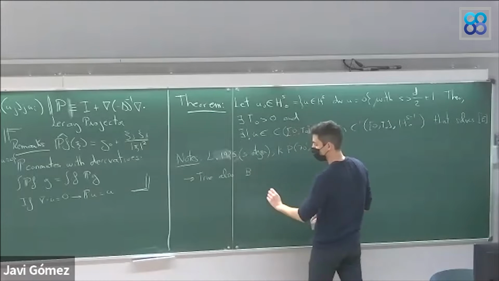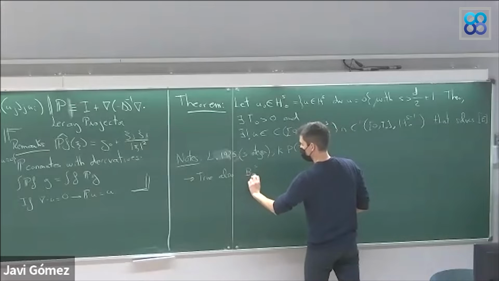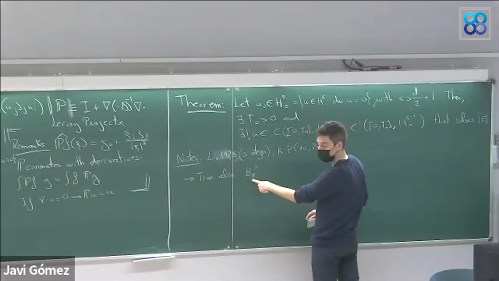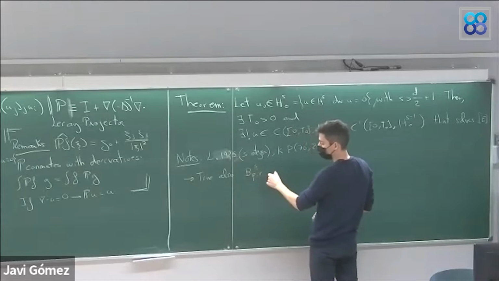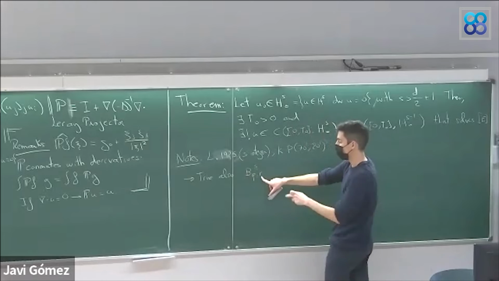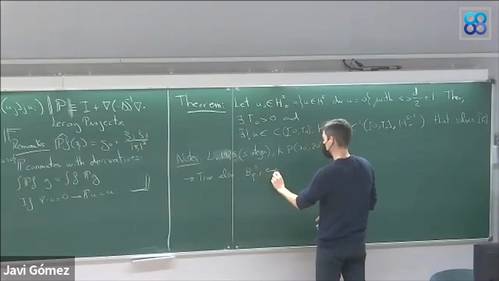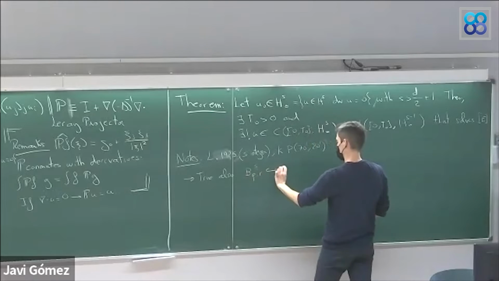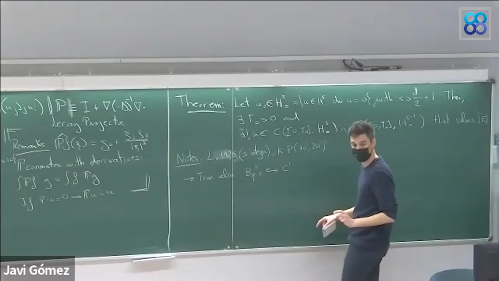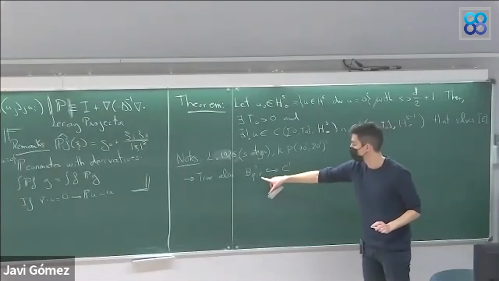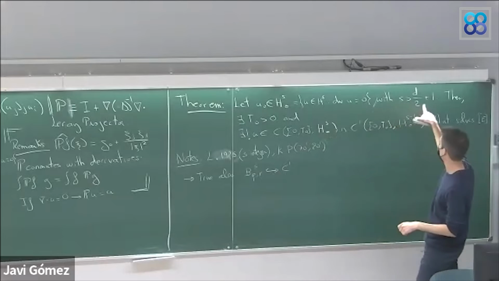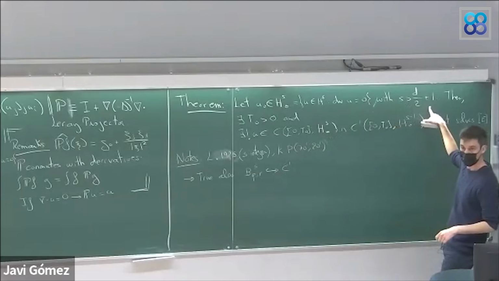These are Besov spaces. But just to say that these are s derivatives in Lp with some refinement, some other coefficient, if the embedding into C1 holds. So this is the only condition that matters, and this is why we have this condition here.